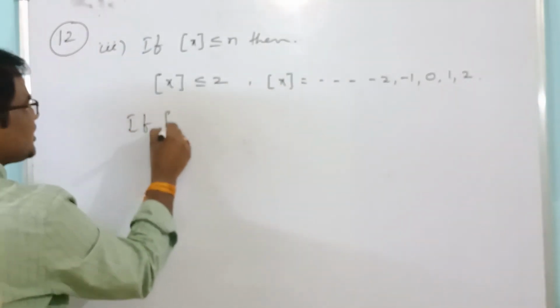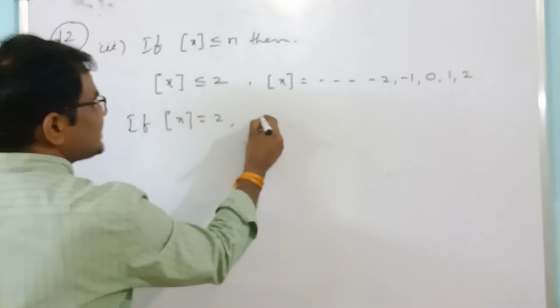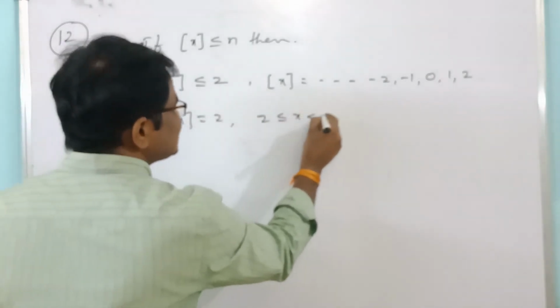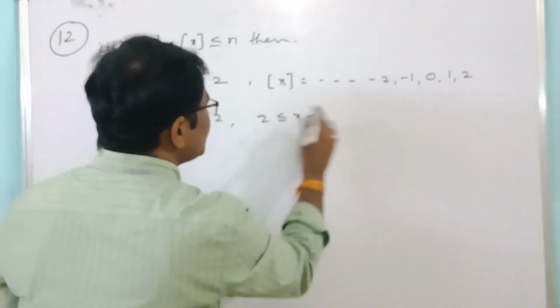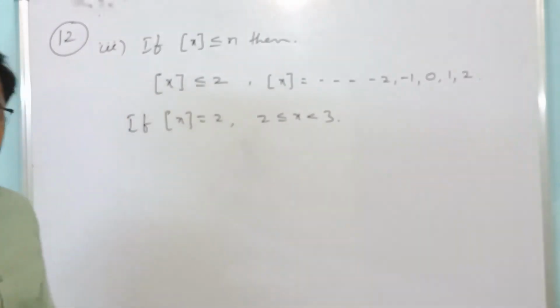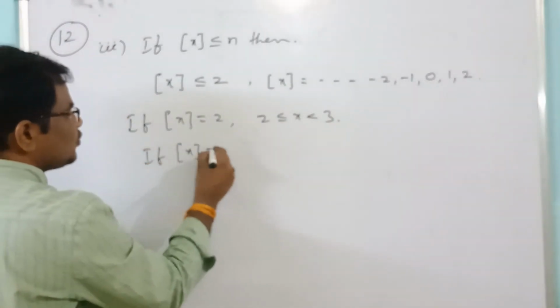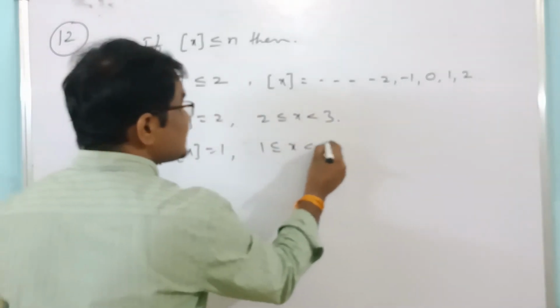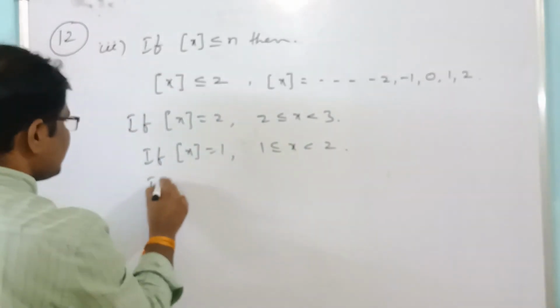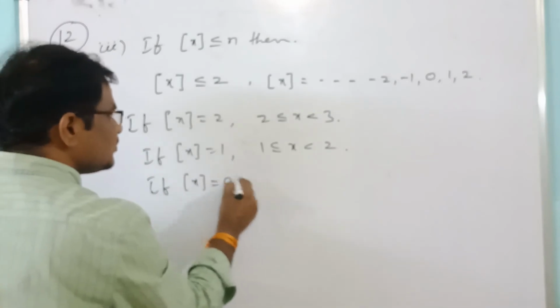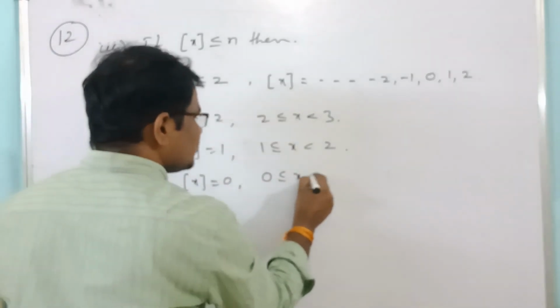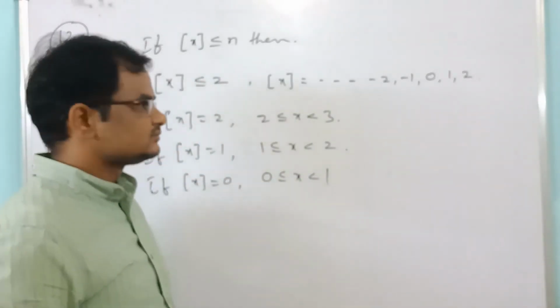Suppose [x] equal to 2, then 2 less than or equal to x less than 2 plus 1, that is 3. If [x] equal to 1, 1 less than or equal to x less than 2. If [x] equal to 0, 0 less than or equal to x less than 1.